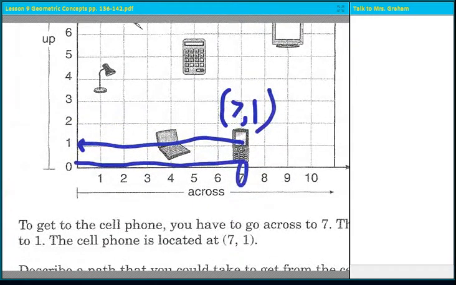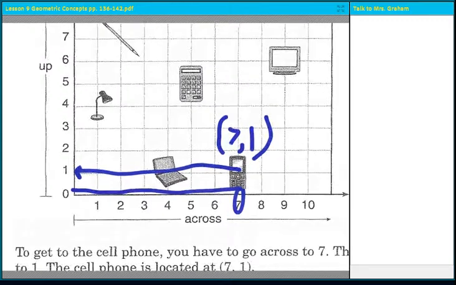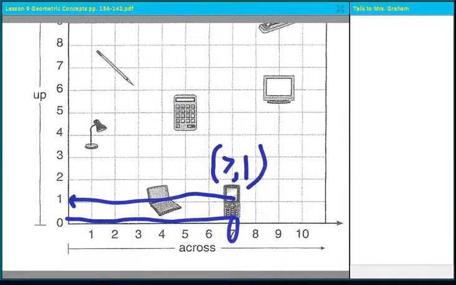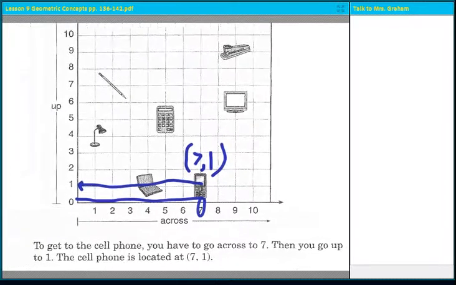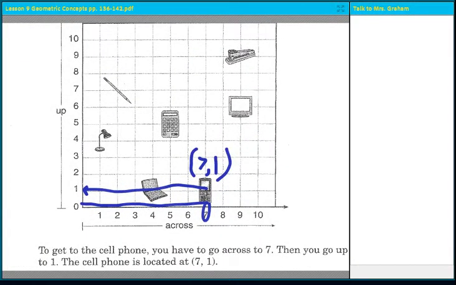Now, why would we want to know the location of this cell phone, guys? Anybody? What do you guys think? Who remembers that our planet has lines that are longitude and latitude? This is the same deal, guys.